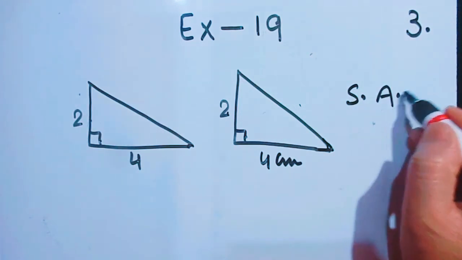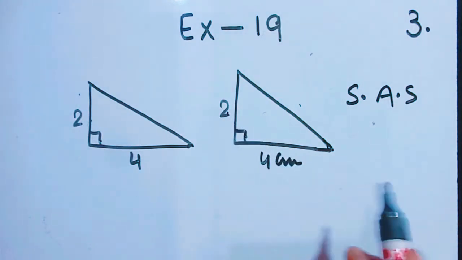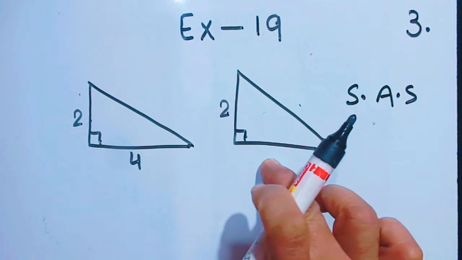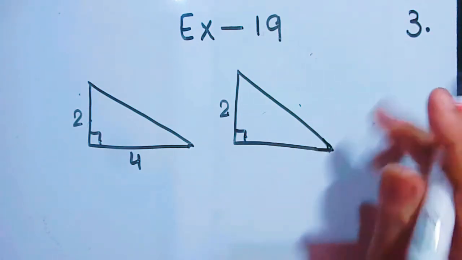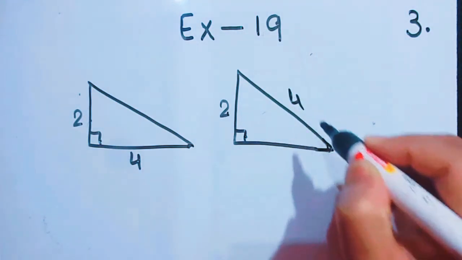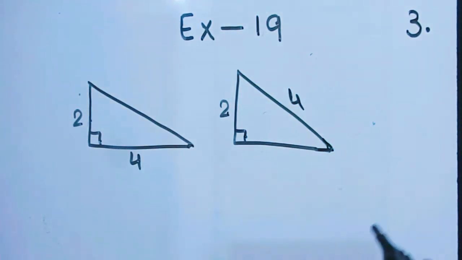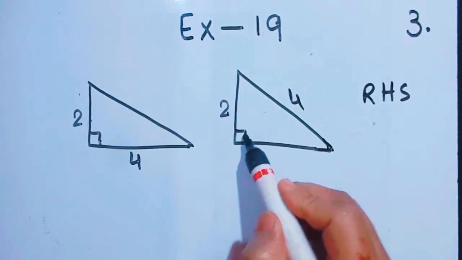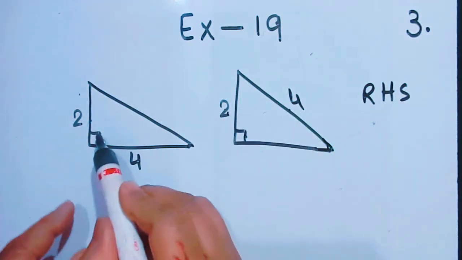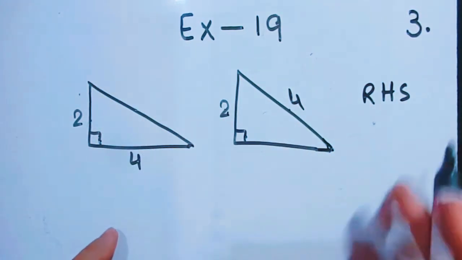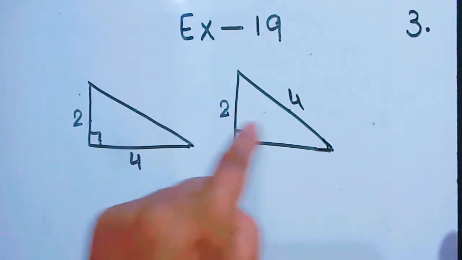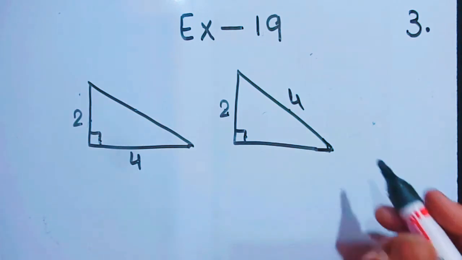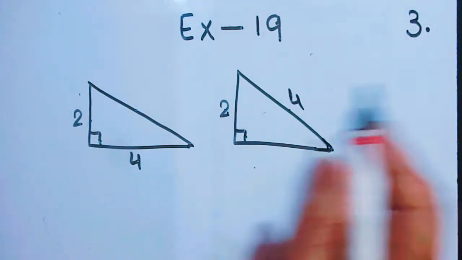But they have not given you this side here, they have given you this side as 4 centimeter. Now if we apply RHS, right angle hypotenuse side, here the right angle hypotenuse is missing, so we say that these two triangles are not congruent by any other condition.